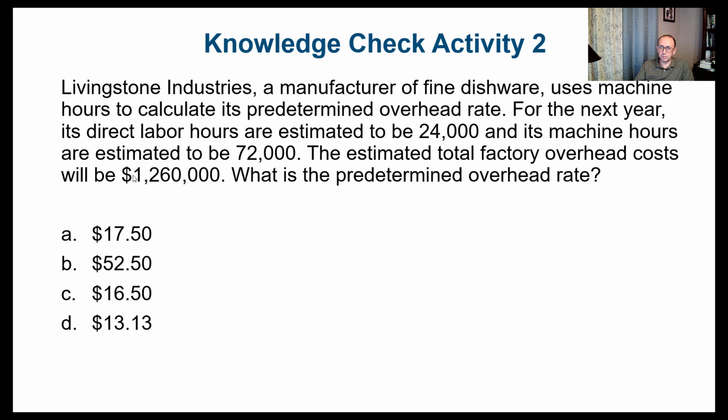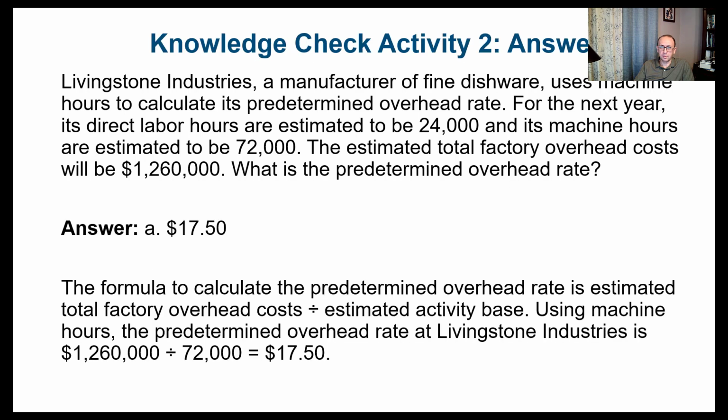So we take the 1,260,000 divided by 72,000, and the right answer would be $17.50. So just to explain that, the formula to calculate the predetermined overhead rate is estimated total factory overhead cost divided by estimated activity base. So using machine hours, the predetermined overhead rate at Livingstone Industries is $17.50.